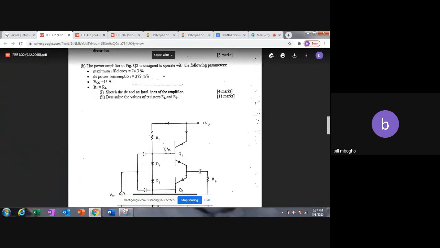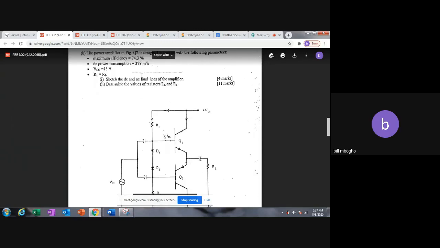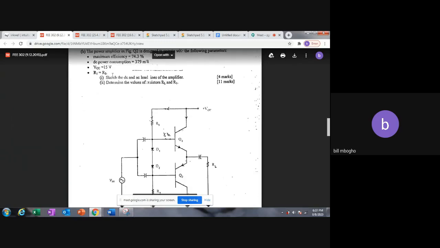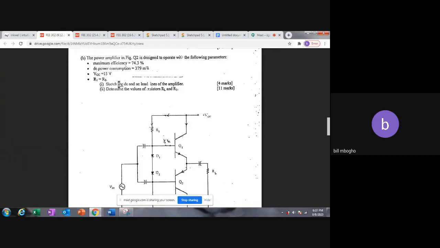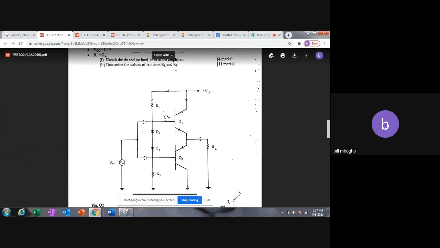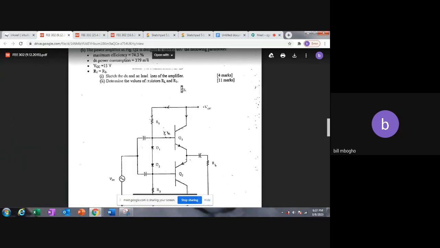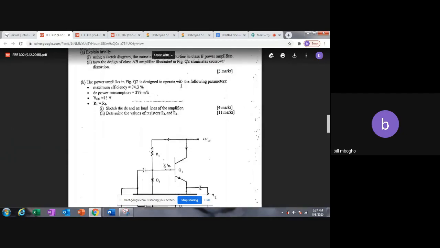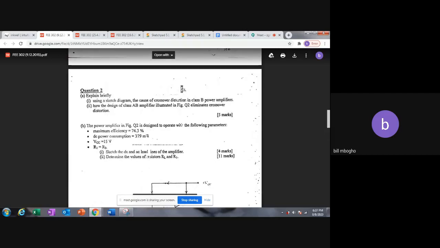This one: maximum efficiency is that, DC power consumption is that, VCC is that. Sketch the circuit, determine the values of R1 and RL.